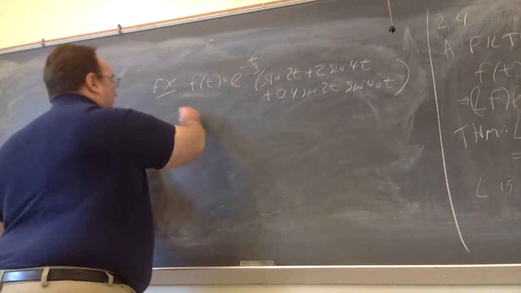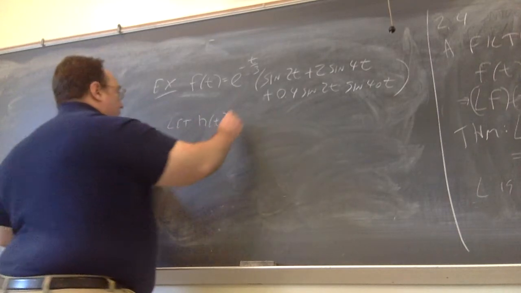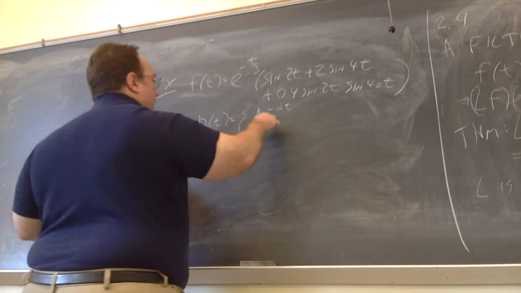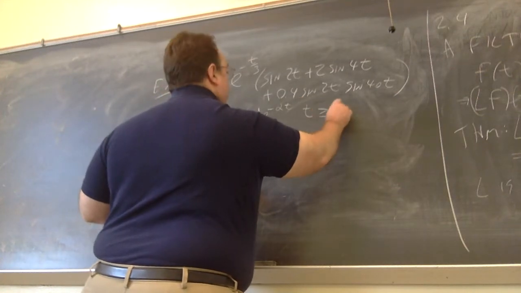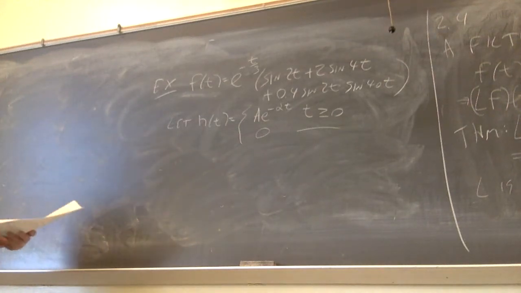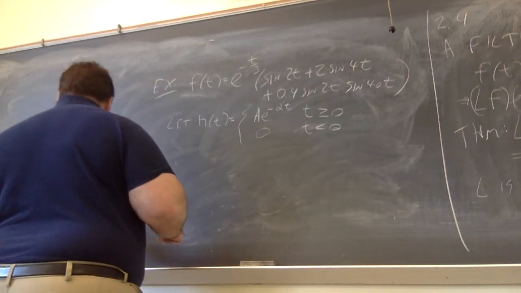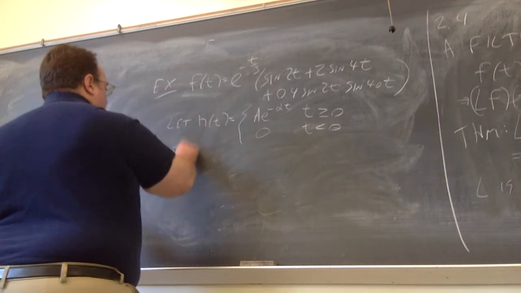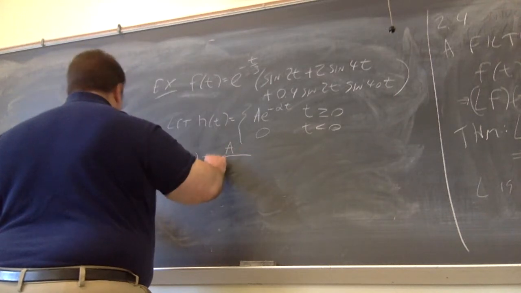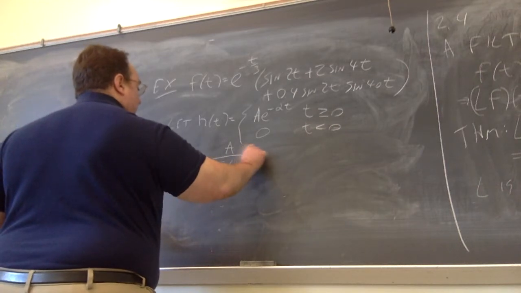So I can let h of t, the function for my causal filter, be equal to some constant a e to the minus alpha t, when t is not negative, and 0 otherwise, to make it causal. So it must be 0 for negative t. Actually it turns out that the Fourier transform of h is a over square root of 2 pi times alpha plus i lambda, just from the definition of Fourier transform.